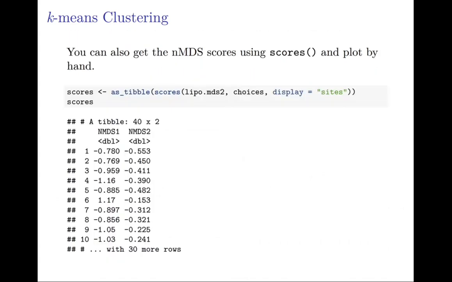Using the scores function, you can pull out your NMDS scores, or basically X and Y coordinates, and plot this by hand. This is going to help you in the future, so I just want to point out how to do this. You use scores, and that pulls out your NMDS 1 and 2 columns, because we selected 2 dimensions here. Those are going to be your X and Y points for all of your data.